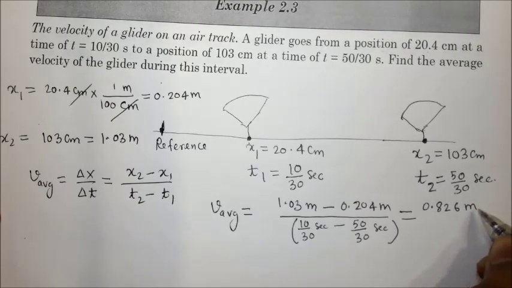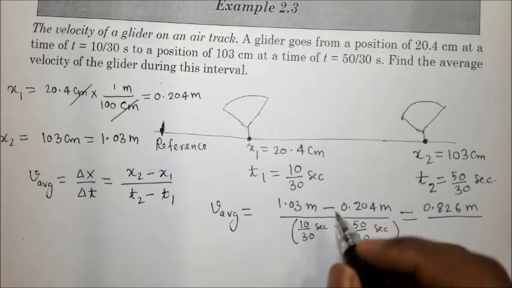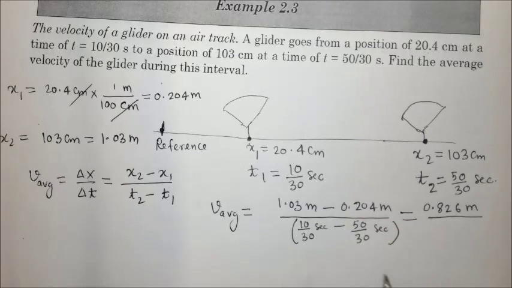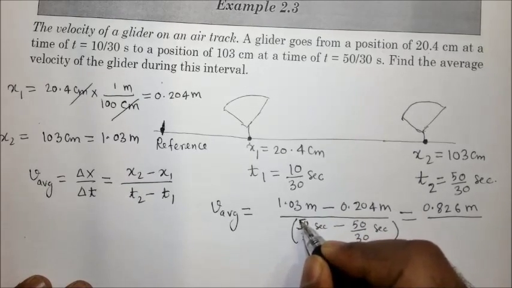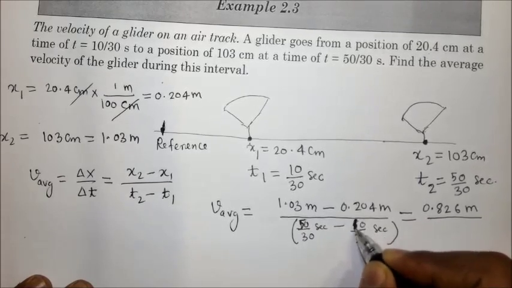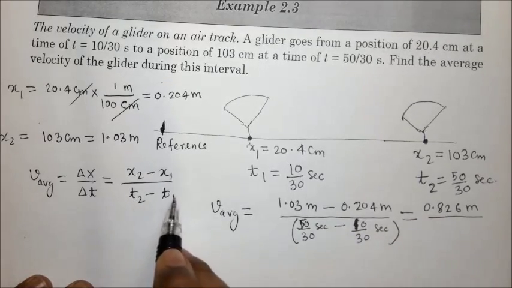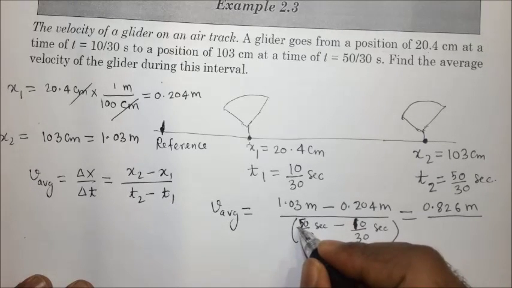You will get 0.826 meter over, I'm sorry, this has to be opposite way. This has to be final time, 50 by 30 minus 10 by 30, T2 minus T1.